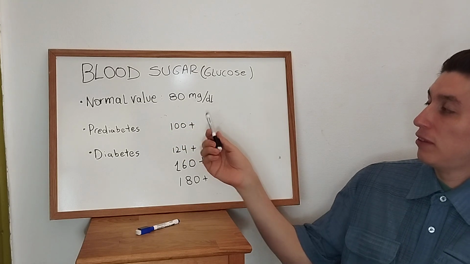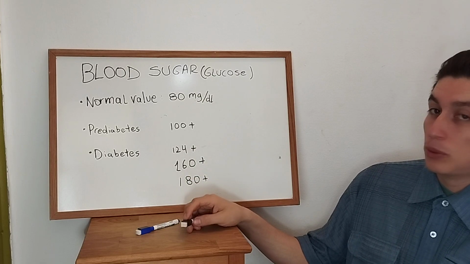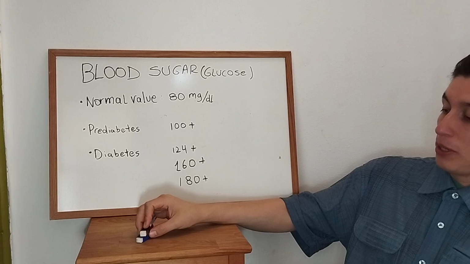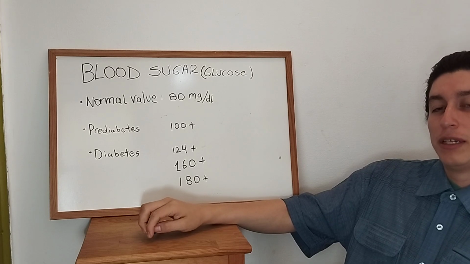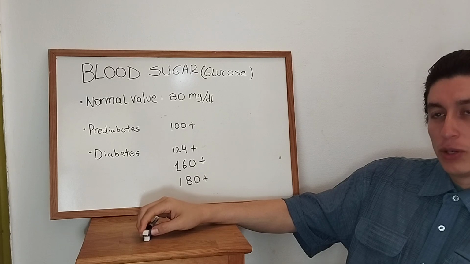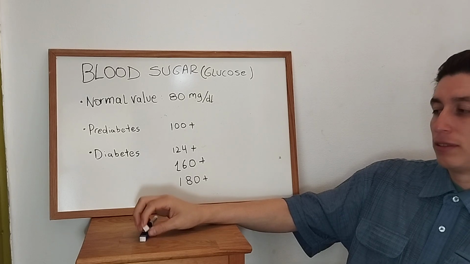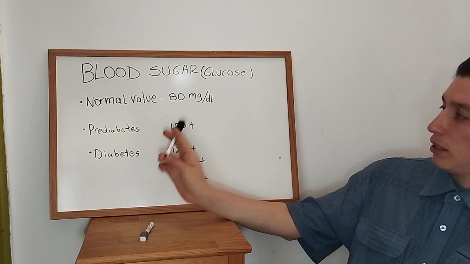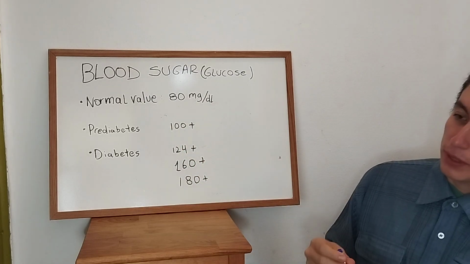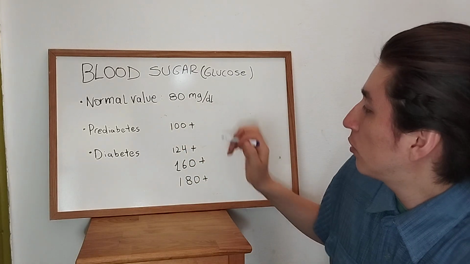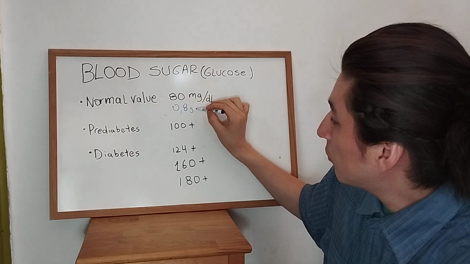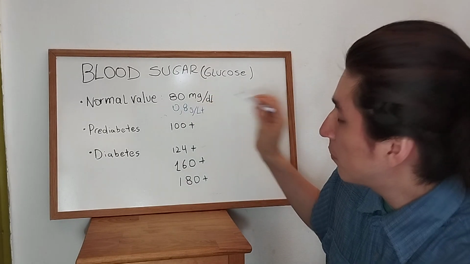This milligrams per deciliter is the unit that we are going to have to describe how much sugar we are having in our blood. But to give you an idea of how much it really is, these 80 milligrams per deciliter are going to be the equivalent of 0.8 grams per liter.